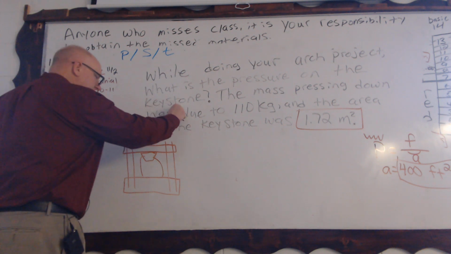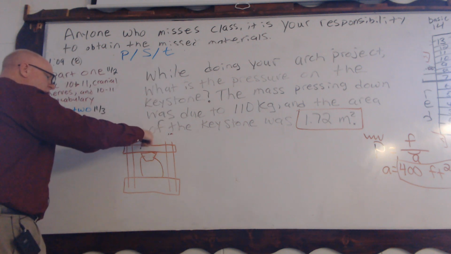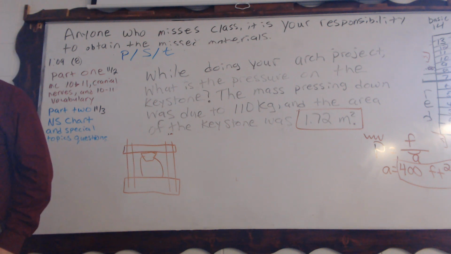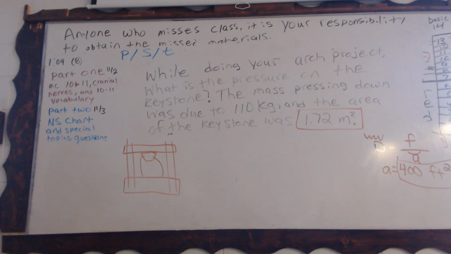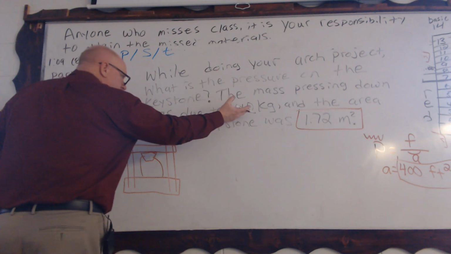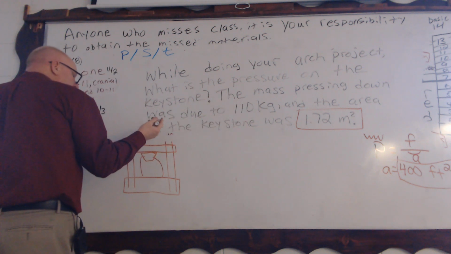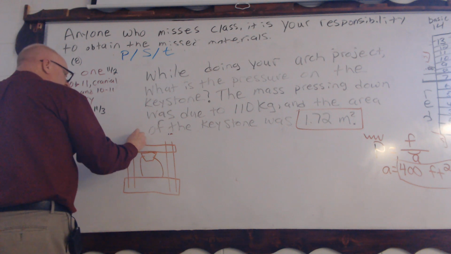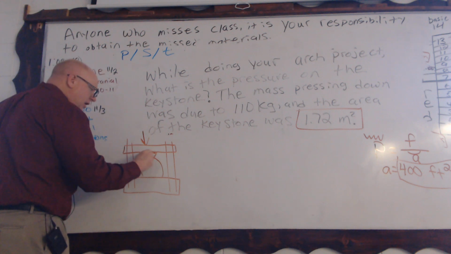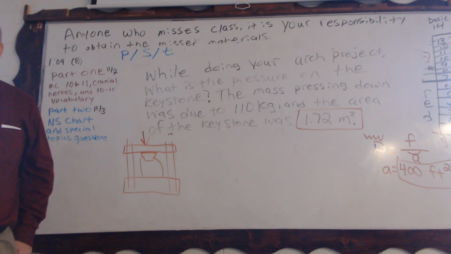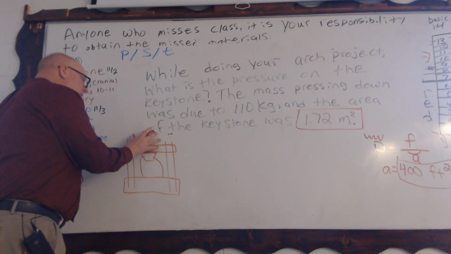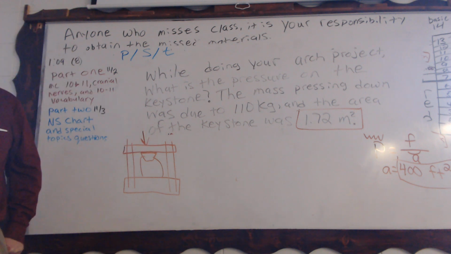And that's what we see here. So as you were putting more and more weight on here, some of you maybe had 70 pounds? We'll just say 70. And with this, we're going to say it's 110 kilograms. So it's a little more than maybe what some of you might have had. So all that weight down on there is causing this to put pressure on that keystone. So what we see happening here is you have a certain amount of weight because of the mass, and gravity has an effect on it.